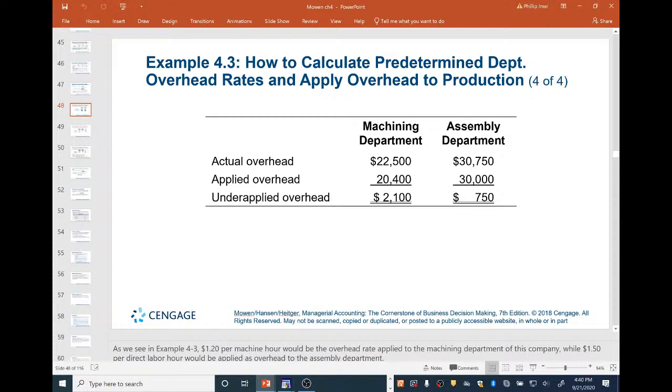Same thing we just looked at. And the under applied overhead is going to be the same here because the applied overhead was less than that of the actual overhead. Does that make sense? So pretty much all we're looking to do is find that variance. We just want to find that rate, multiply the rate by the actual activity level, and then we just take the difference between the two.